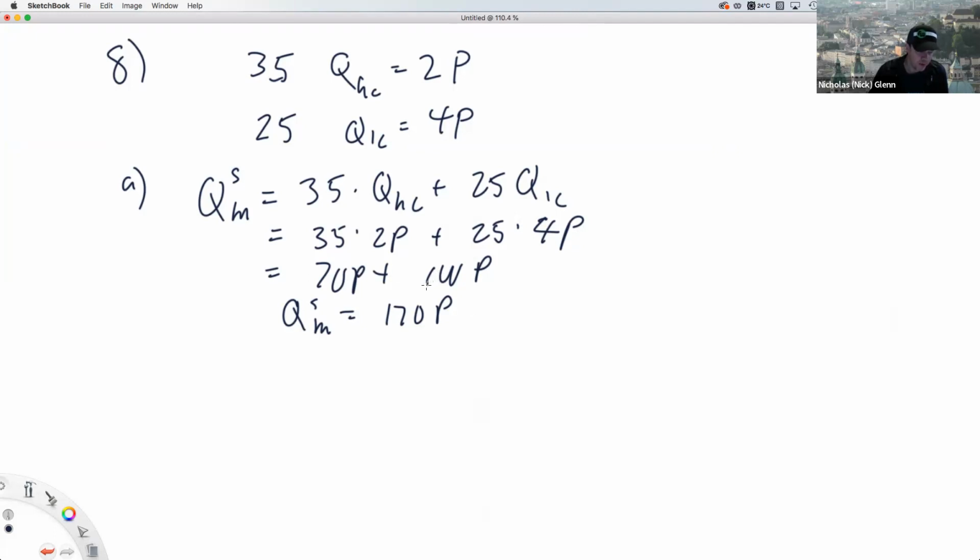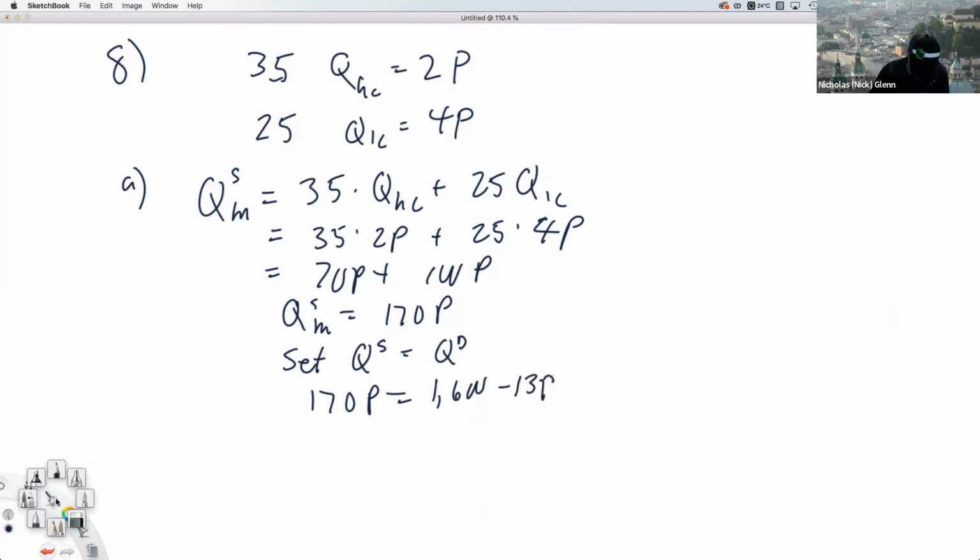So we want to find the market equilibrium price and quantity. So we need to set this equal to market demand. Our supply is 170P. Our market demand is 1,600 minus 135P.